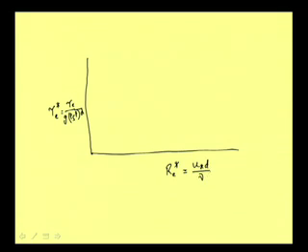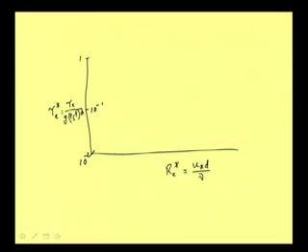Well, these two can be plotted on a log scale, starting from a very small value, 10 to the power minus 2, then 10 to the power minus 1, then 1, and so on.